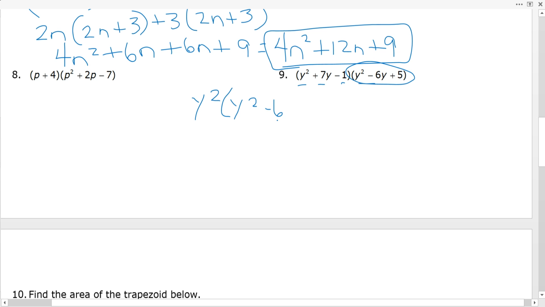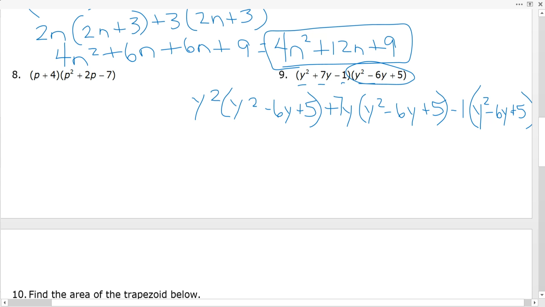Y squared minus 6y plus 5, plus 7y times y squared minus 6y plus 5, minus 1 times y squared minus 6y plus 5. So here's my 3 terms that were in my first polynomial. And then my second polynomial, I wrote down 3 times. So I could multiply each individual thing in this polynomial times the second one. So this would be triple distributing, wouldn't it?